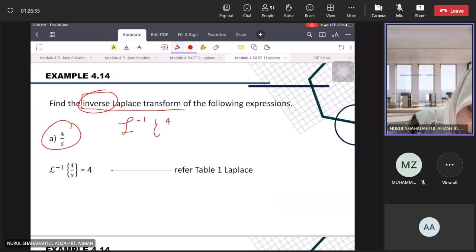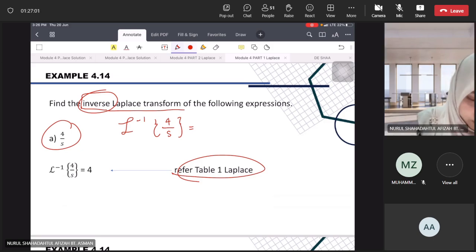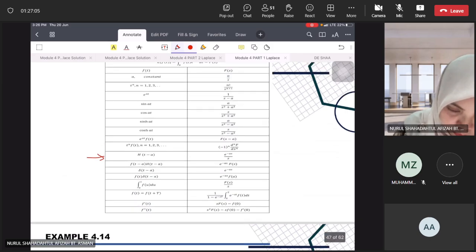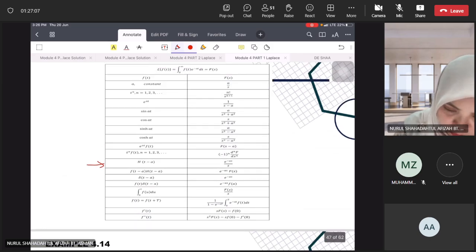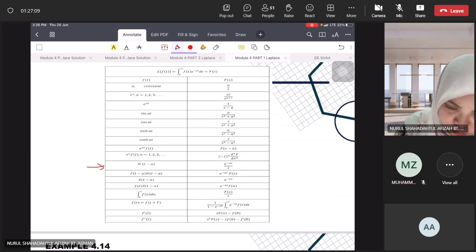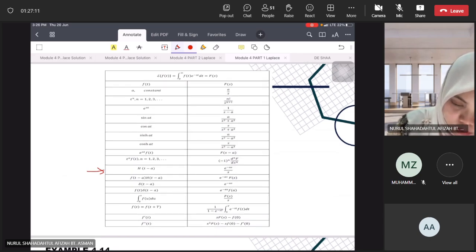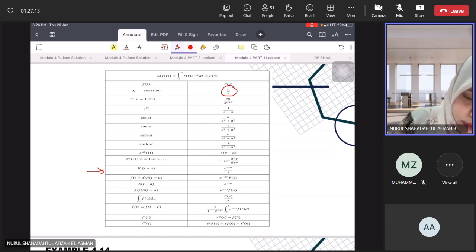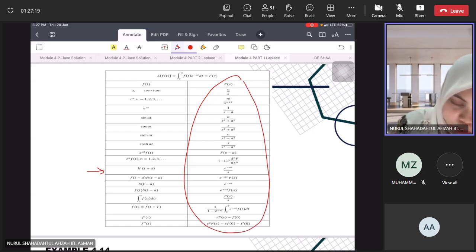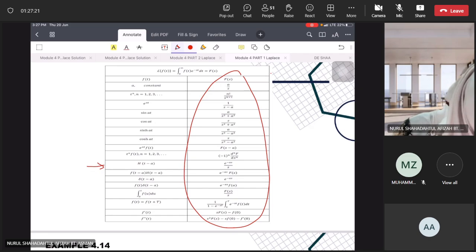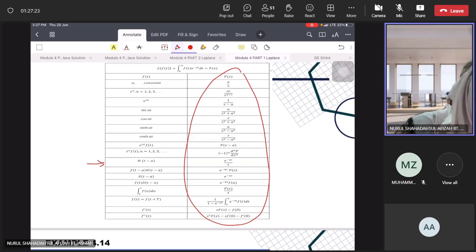So the function is 4 over S. So by referring to the table, yeah, because for inverse, you need to start looking from this one. And our function, 4.13, yeah.